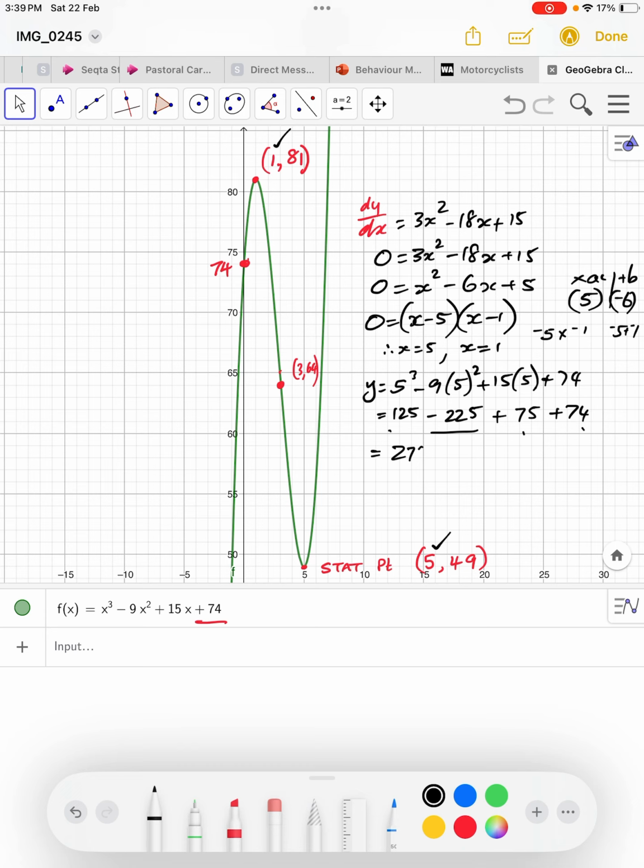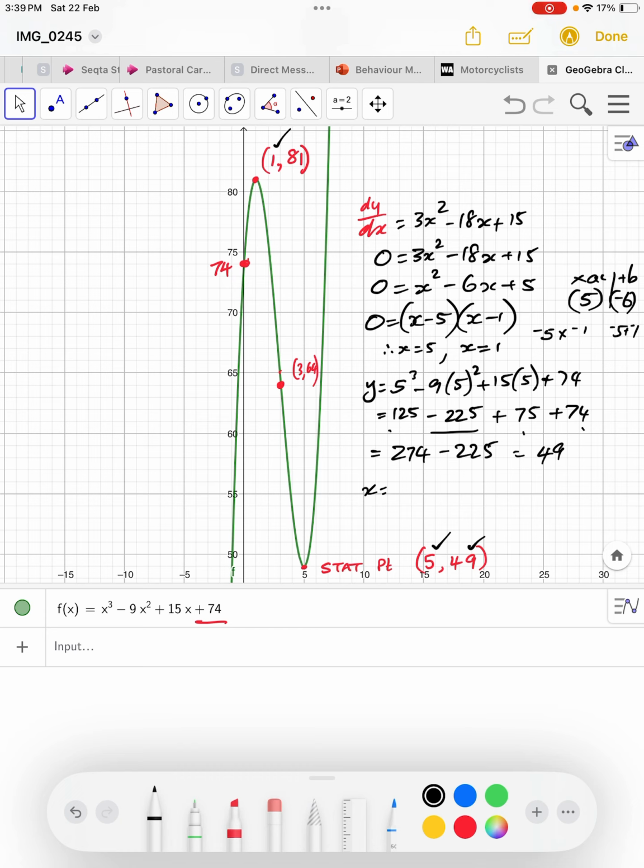So 274 minus 225 is 51. Is that right? No, it's 49. Okay, let's make this correct. It is 49, and there is 49.